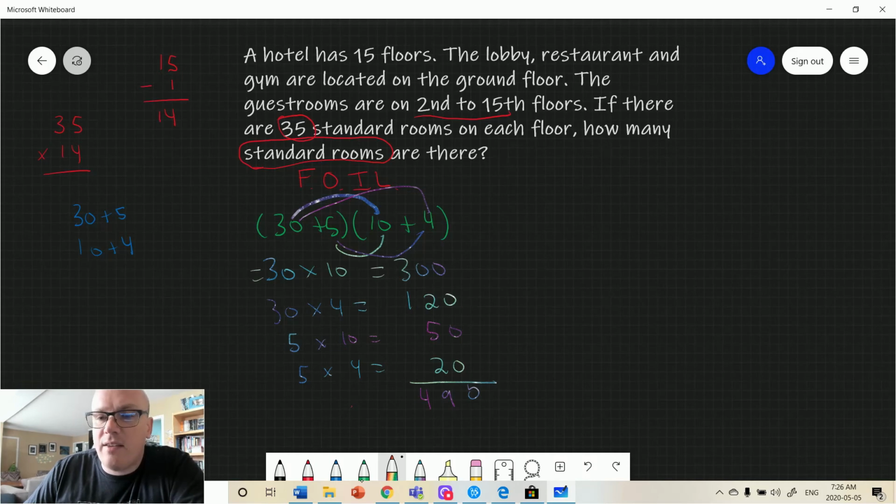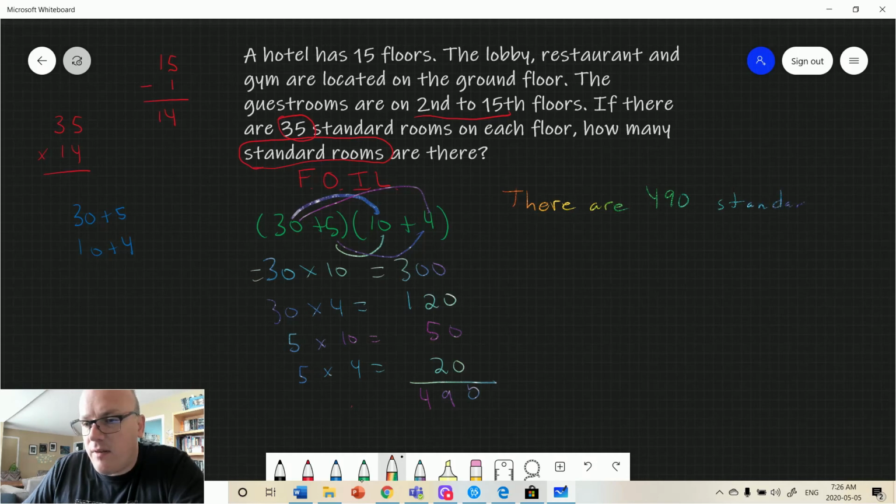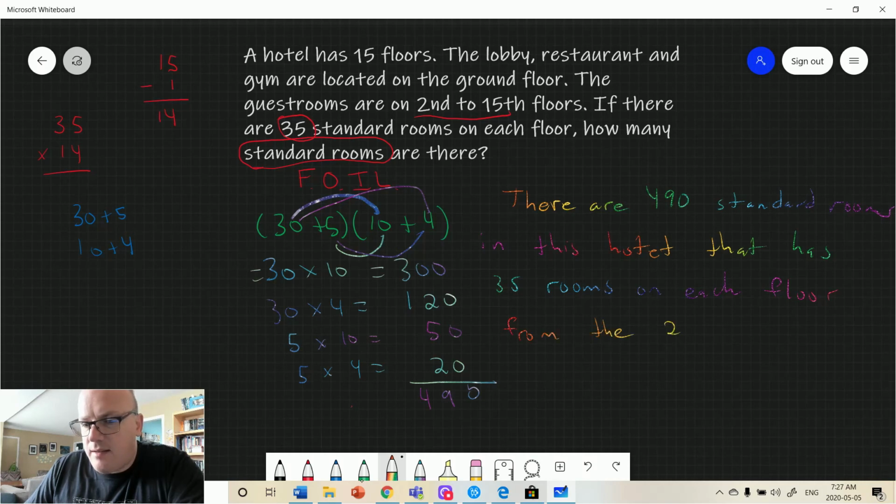So what are they asking? They're asking how many standard rooms there are. So we could say there are 490 standard rooms in this hotel that has 35 rooms on each floor from the 2nd to the 15th.